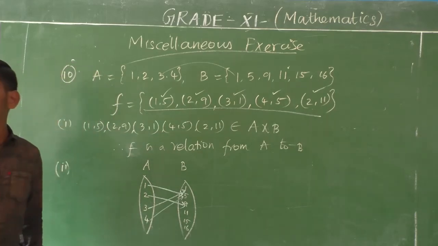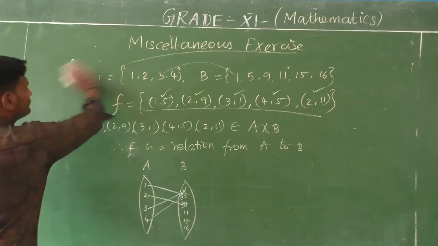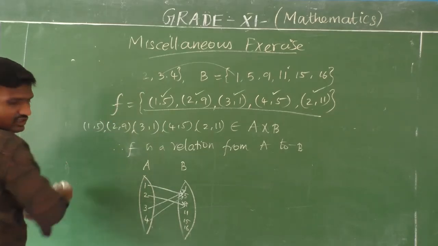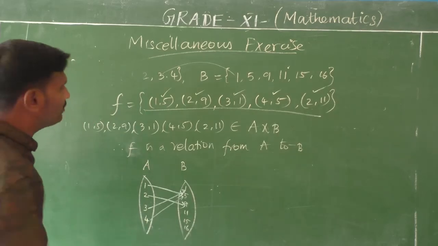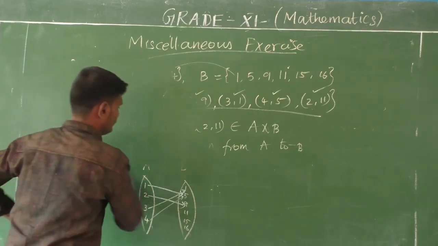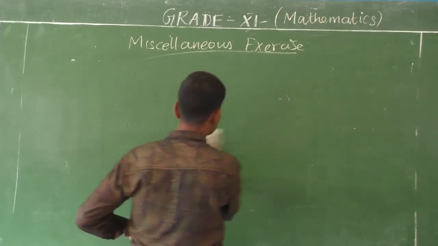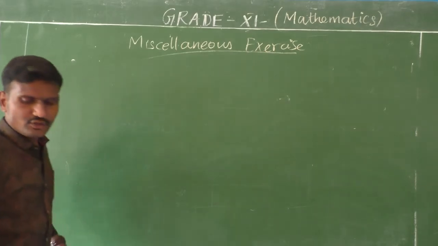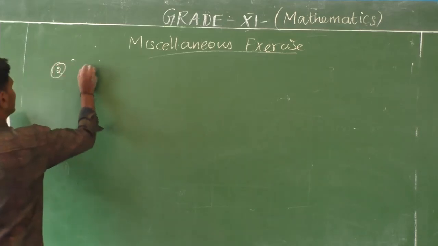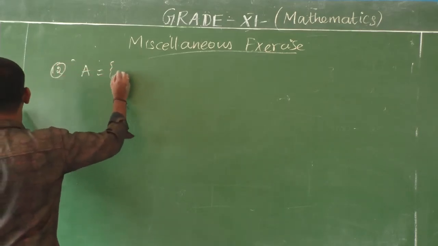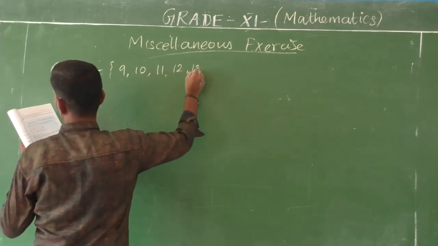So finally, the last question, question number 12. Finally, we have to mention F is a function from A to B. Yes? Okay. The given A is equal to 9, 10, 11, 12, 13.